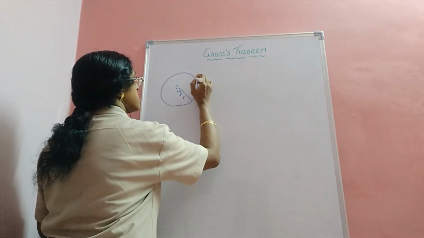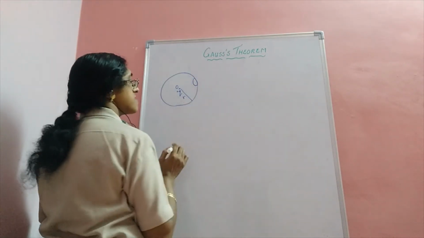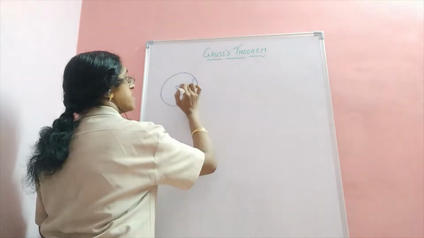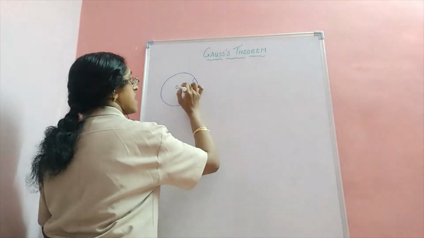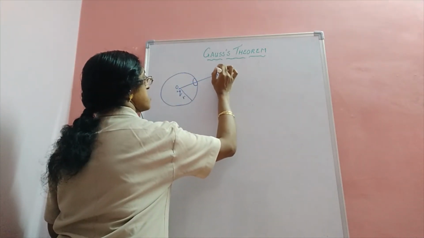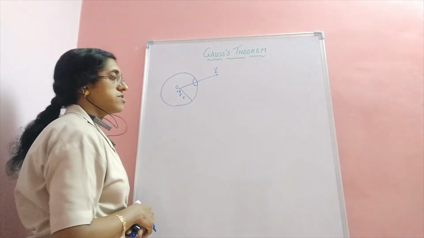So, if I consider a small surface ds, through this surface the electric field lines would be drawn in this direction. As it's a positive charge, the electric field would be moving outward.